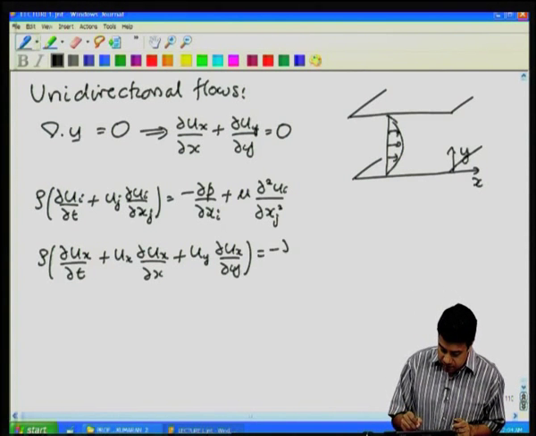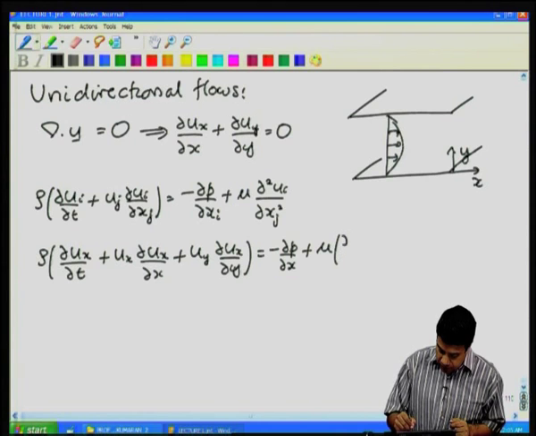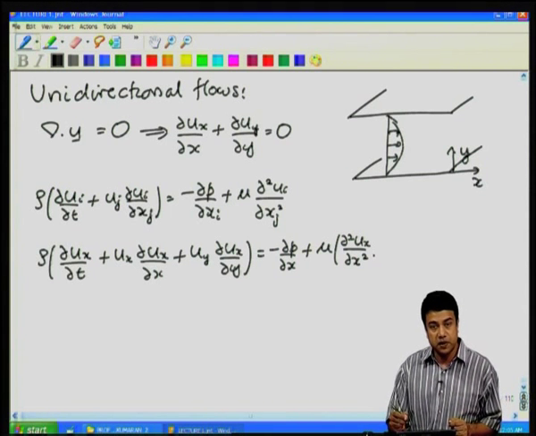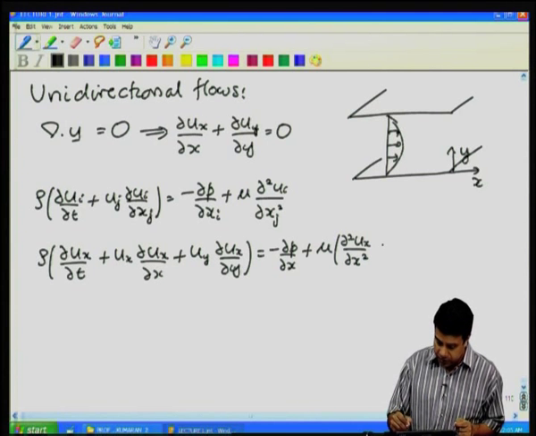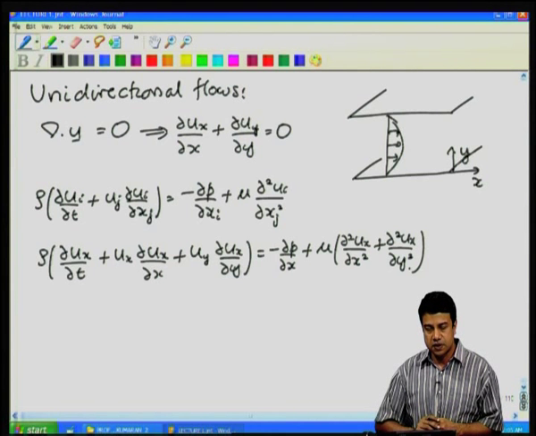So, I just get minus partial p by partial x plus mu into partial square u x by partial x square, Laplacian of u x. So, this becomes partial square u x by partial y square. So, that is a complete momentum conservation equation in the x direction.